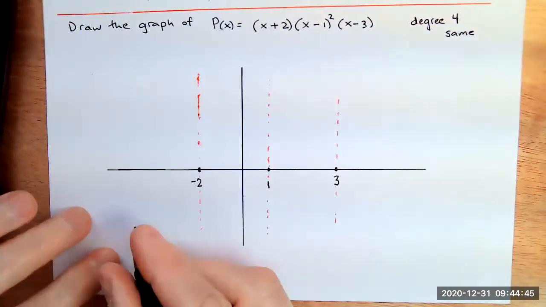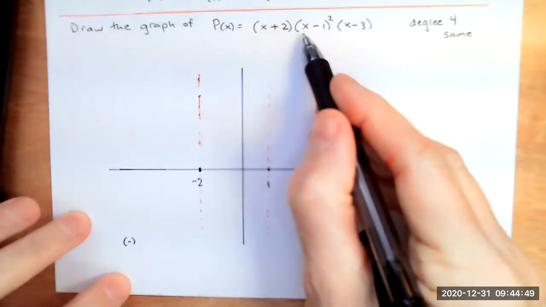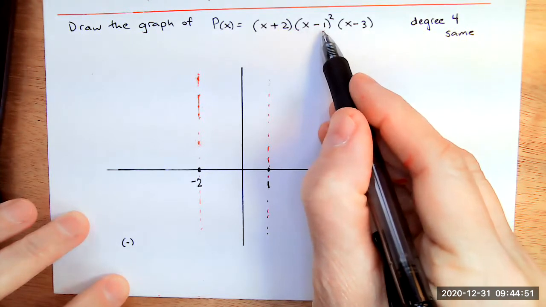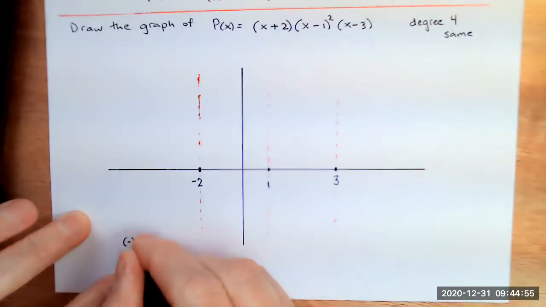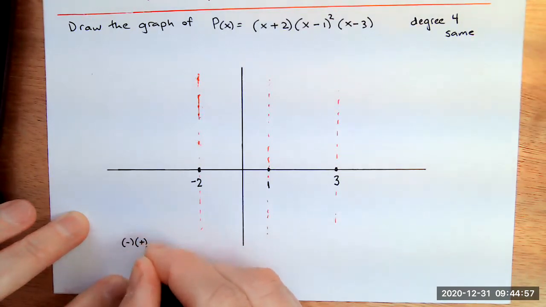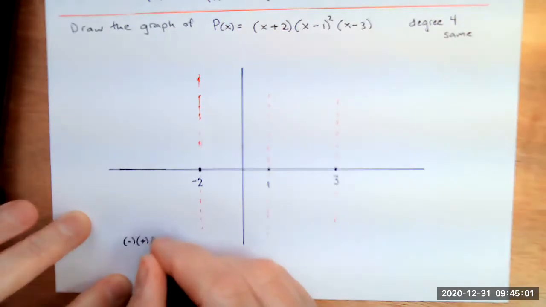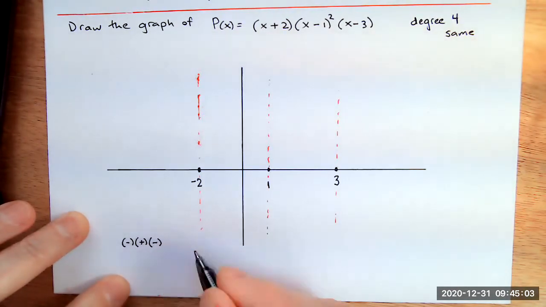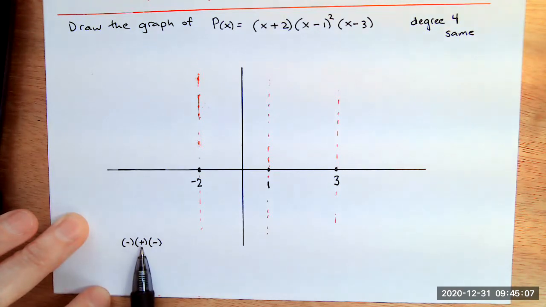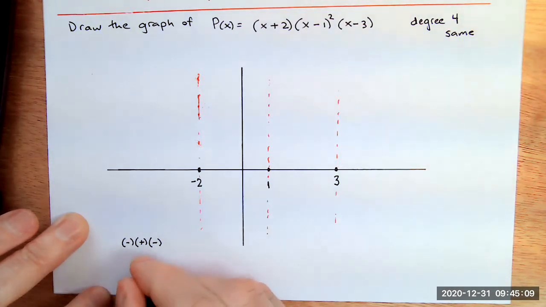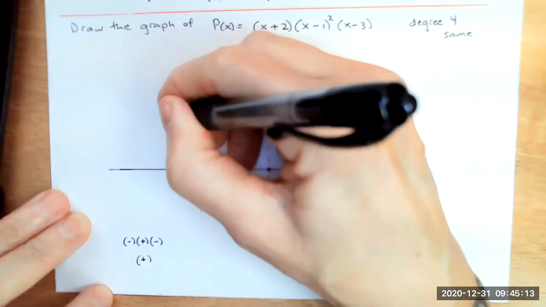So -3 minus 2 is going to be negative. -3 minus 1 is negative, but then when you square it, it's going to be positive. -3 minus 3 is negative. So when we plug in -3, we get a negative times a positive times a negative, which is positive. So the graph is going to come down this way.